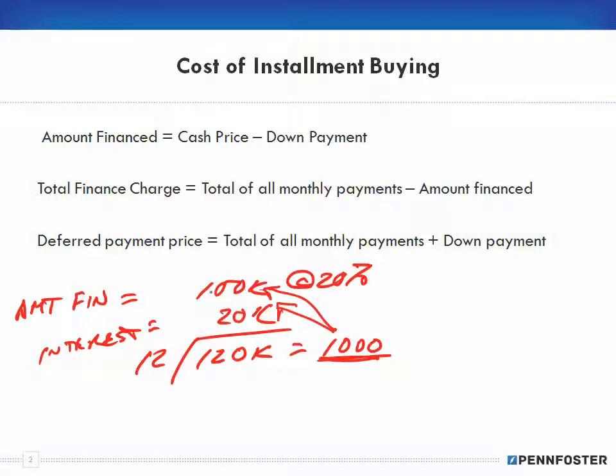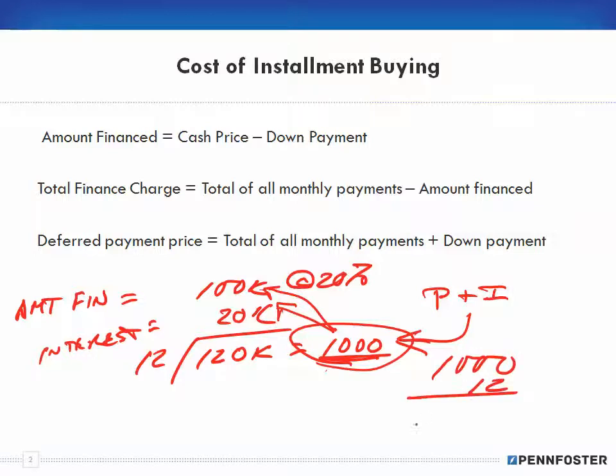I'm not going to do the math here, but if you divide the 100,000 by 12, that gives you 900 and some odd dollars in principal, and the 20,000 divided by 12 would be the interest portion. So you have your principal plus your interest as part of your monthly payment. Your total finance charge would be the total of all of the monthly payments minus the amount that's financed. If I have 12 monthly payments of 1,000, that's 120,000.